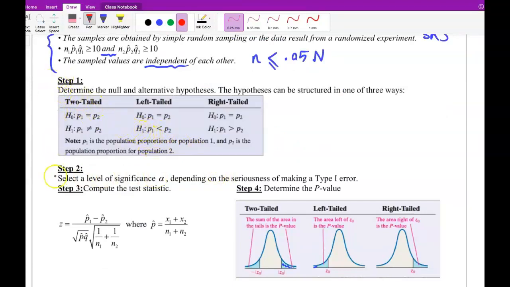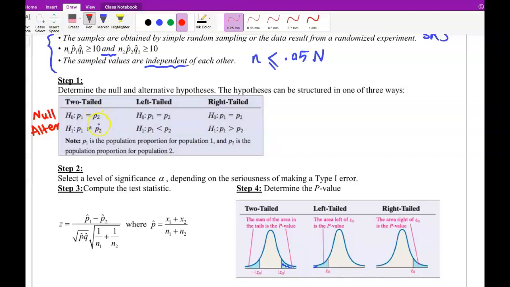Okay, now following all these steps, here again we have 6 steps. So first, determine the null and alternative hypothesis. Here again we have two tail, left tail, and right tail. The only difference is that since we have two populations, we're gonna use the first population proportion equal to the second population proportion.